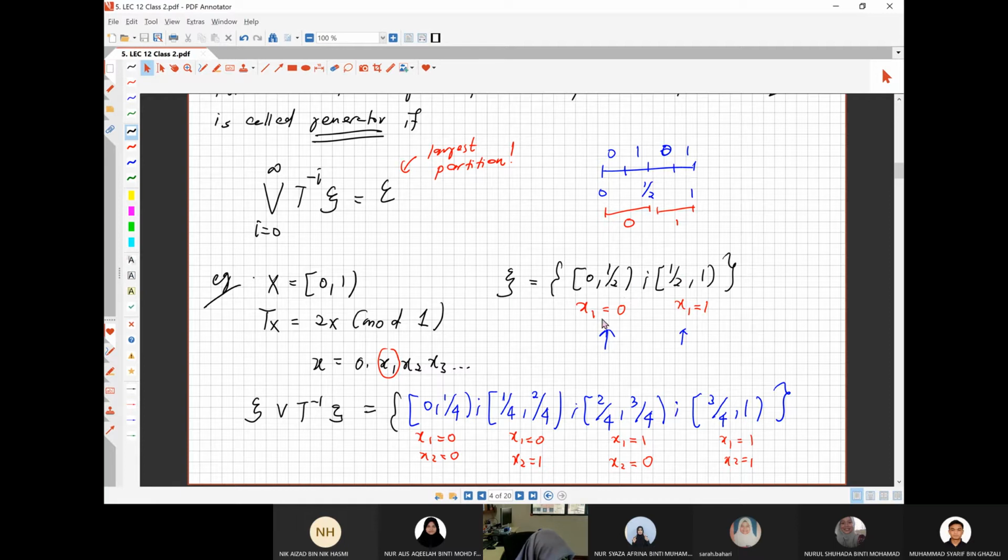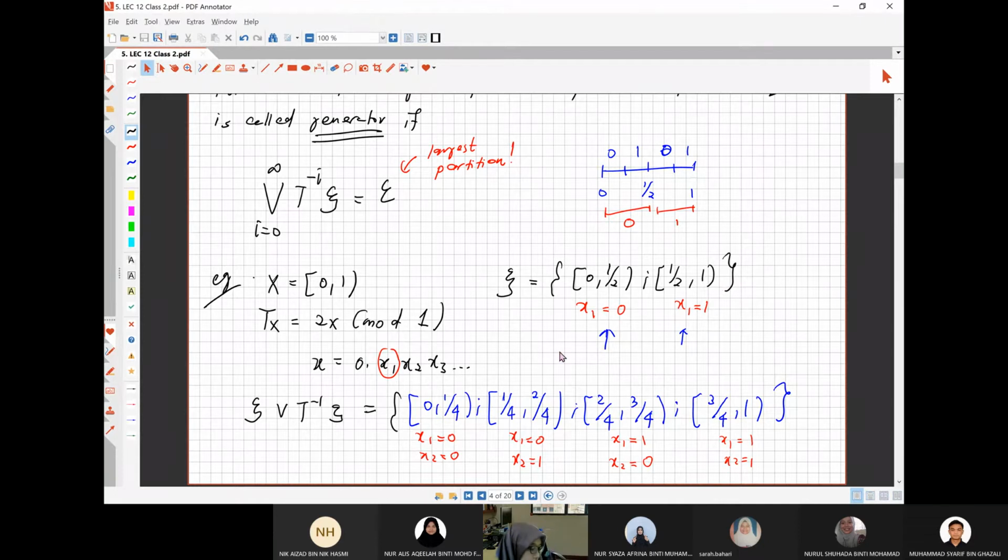In these two partitions, the first digit is always 0. The second digit, x1, means the value here. If x1 is 0, the element is between 0 to half. If x1 is 1, the element is between half to 1.